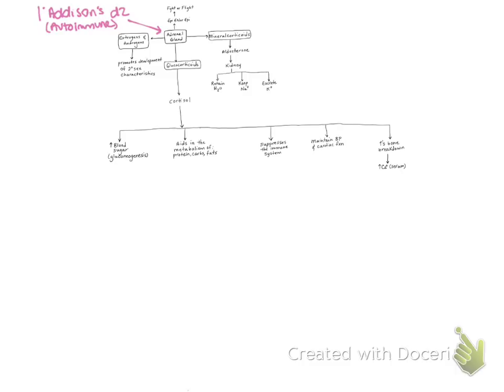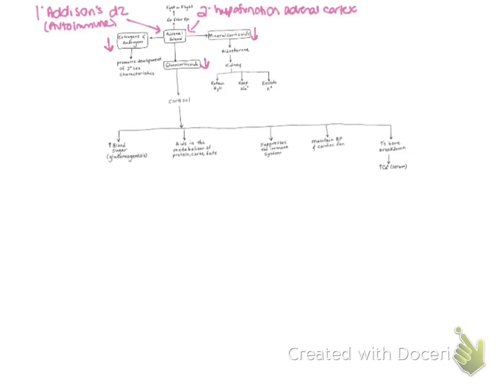It's hypofunction of the adrenal cortex. So everything's down. With Cushing's, your estrogen, androgens, and your glucocorticoids, which is your cortisol, and your mineralocorticoids are all up. With Addison's, everything is down.